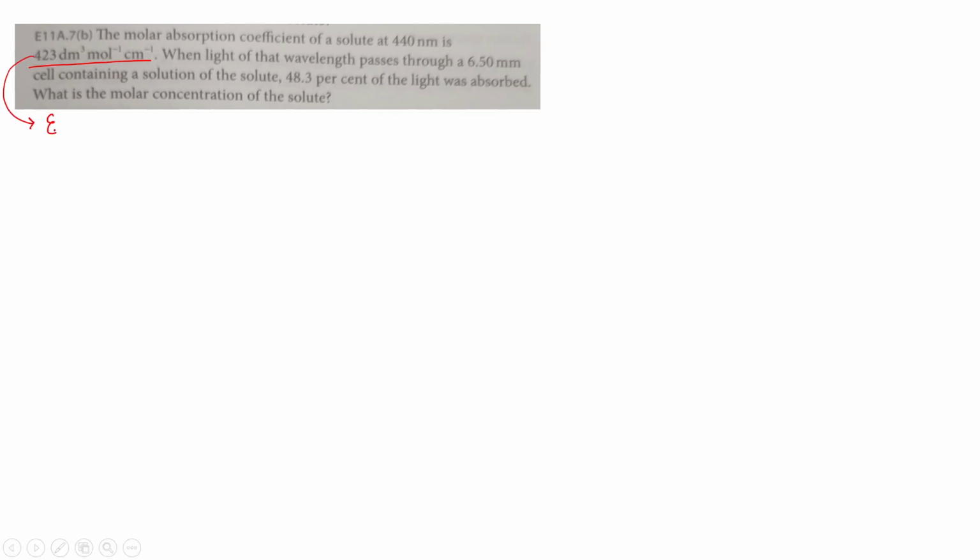Your path length is given; convert it to centimeter. Now here it is said that I by I0 is 0.483. Okay. Now using the previous method, you can get the concentration, right?